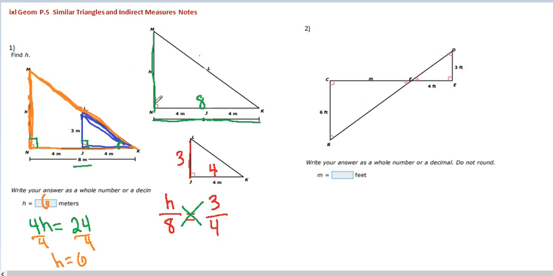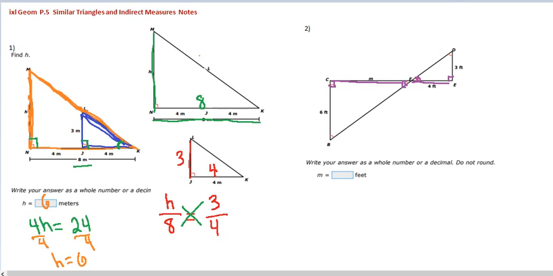This leg m is between the right angle and the angle that has the 2 tick marks. On this triangle, we have the right angle and the 2 tick marks. So that tells me that this side matches up with this side here.